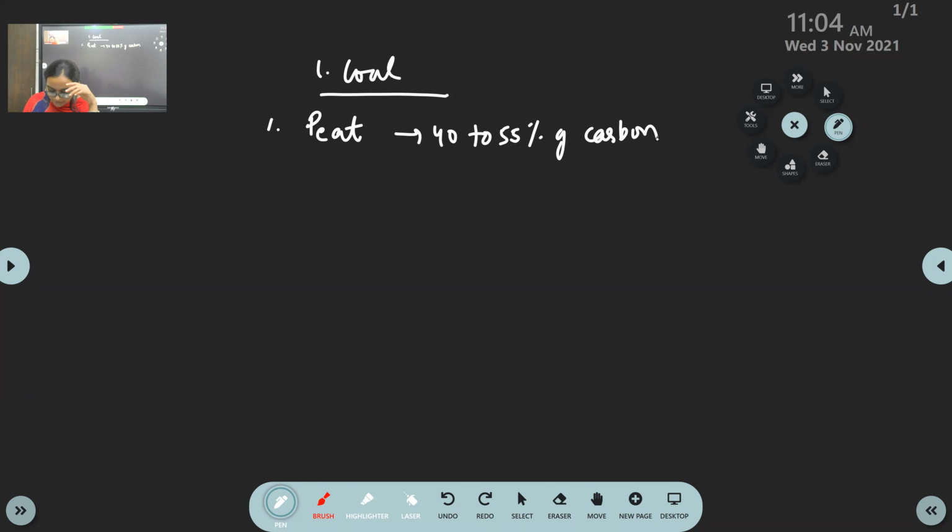It is lower grade coal and contains a lot of moisture.